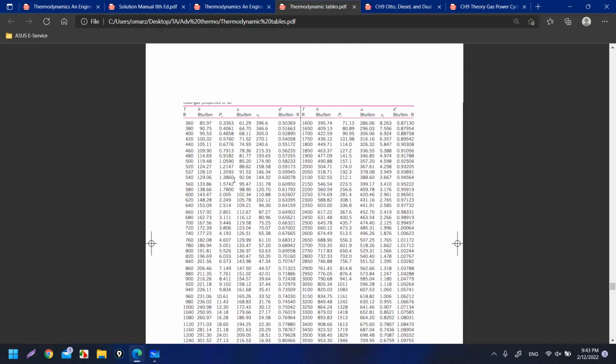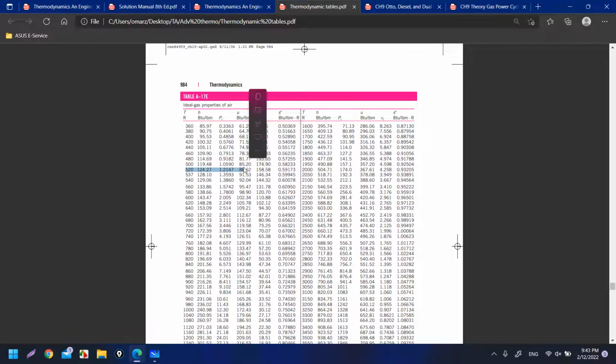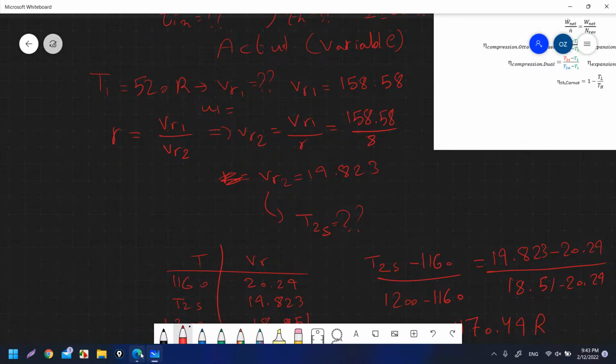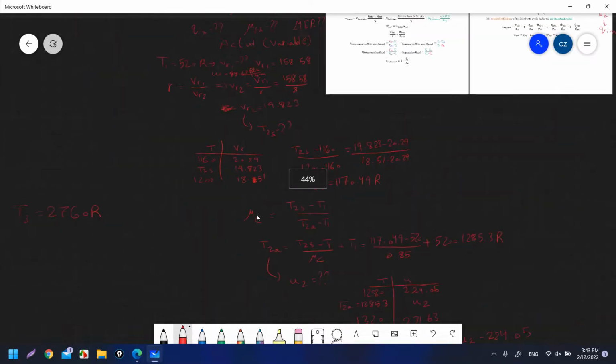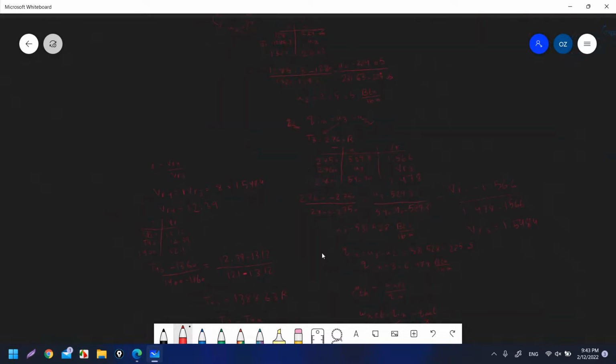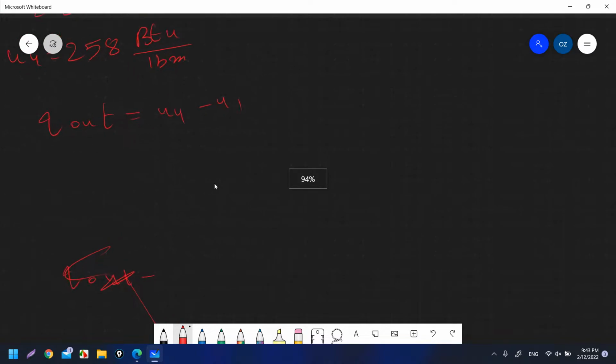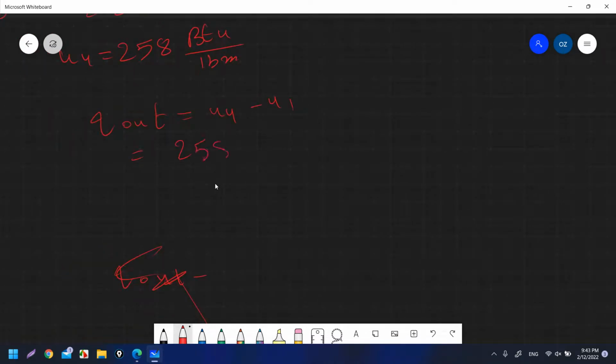So from T1 equal to 520, U1 is 88.62 BTU per pound mass. Then Q out is U4, 258, minus U1, 88.62, and this will give you Q out equal to 169.38 BTU per pound mass.